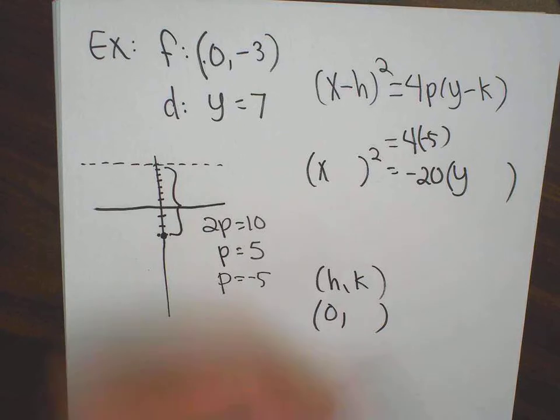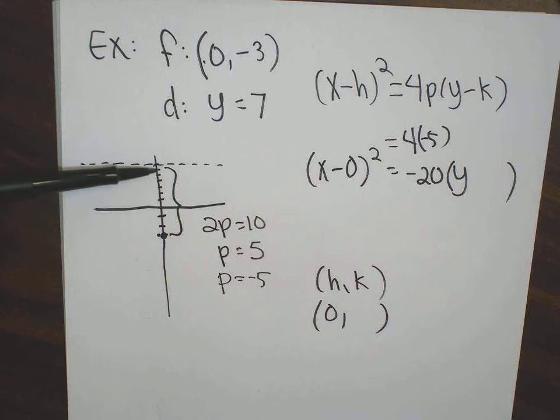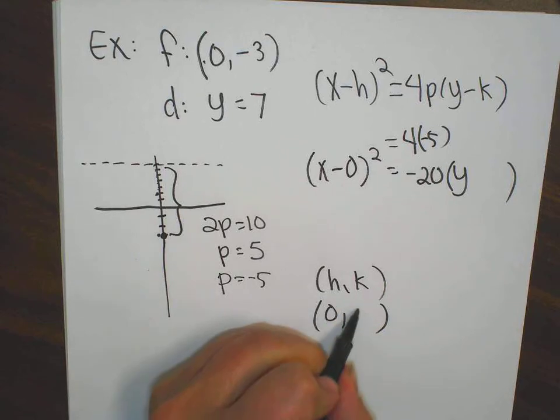I just need to figure out what k is. How can I do that? Well, you subtract 5 from 7. Yeah, so you can just count down 5. So that's 1, 2, 3, 4, 5. So what's that going to land on? 2. So that's 0, 2.